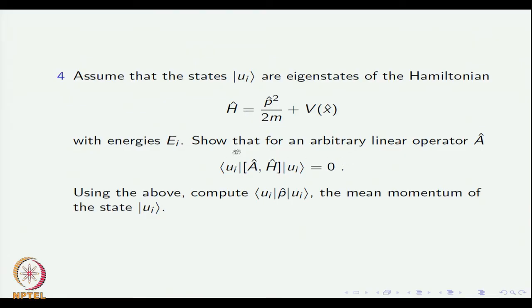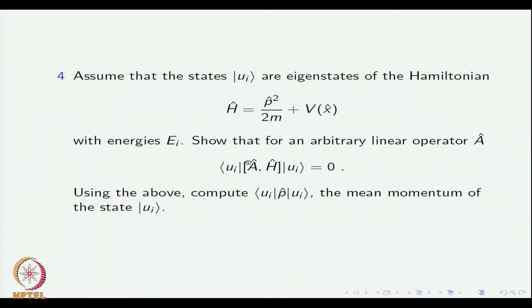So, this relation you will show for an arbitrary operator A, and then using this relation we have to compute what would be the mean momentum of this state ui.